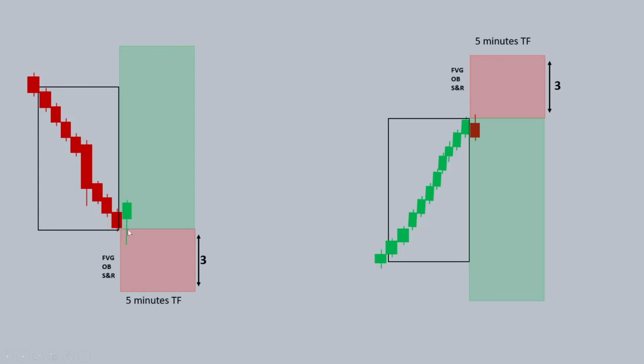If you enter into the trade around a level that is the FVG or order block or support or resistance, and the trade is not going to go according to your plan, what happens? It makes your stop loss very, very tight and small. So you don't end up losing a lot on the trade.